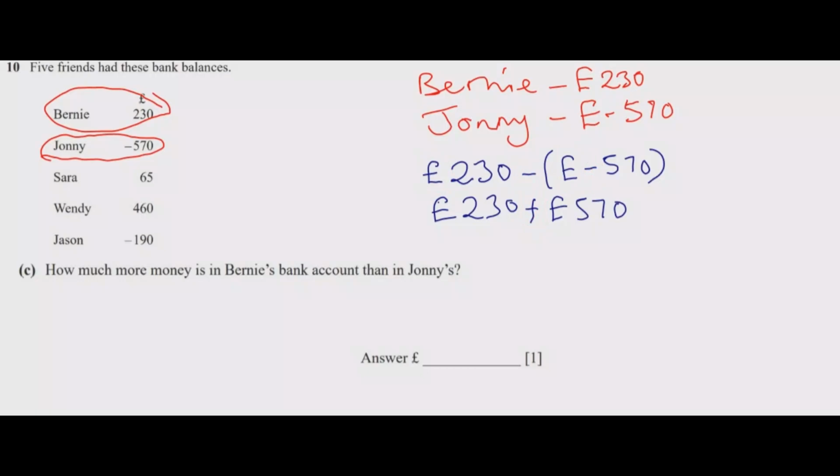Then we add this. 0 plus 0 will give us 0. 3 plus 7 will give us 10, I'll write 0 carry 1. 1 plus 2 will be 3. 3 plus 5 will be 8.